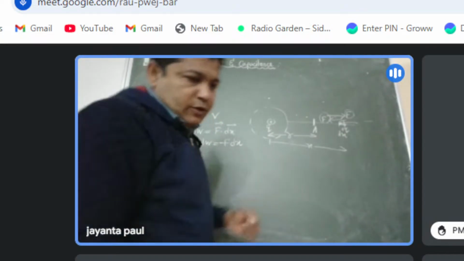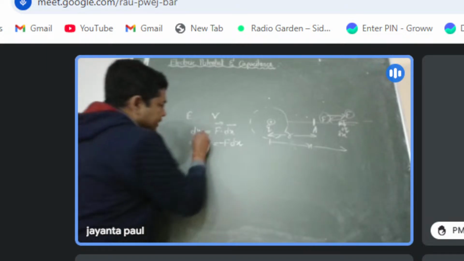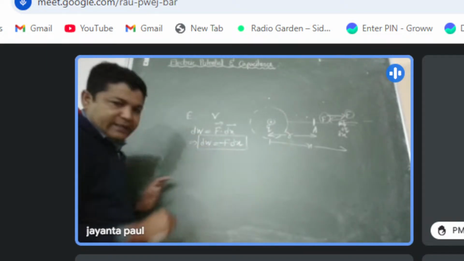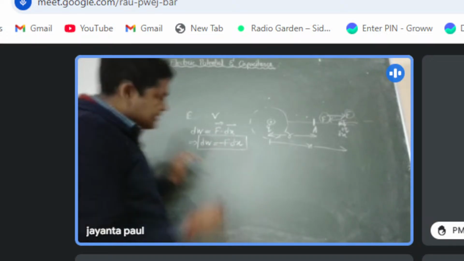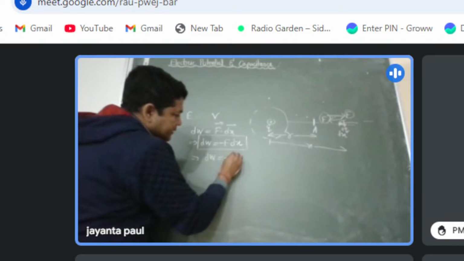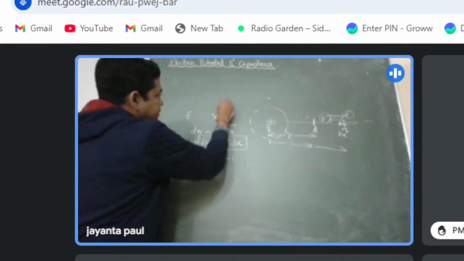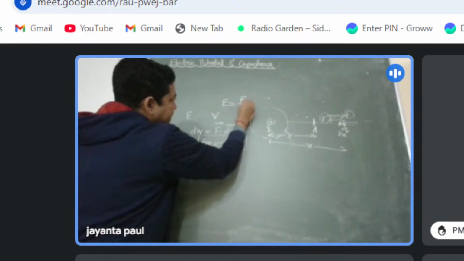Okay, so the work done, always remember this formula. Work done is dW equal to minus F dx. The electric field intensity is F by q0.